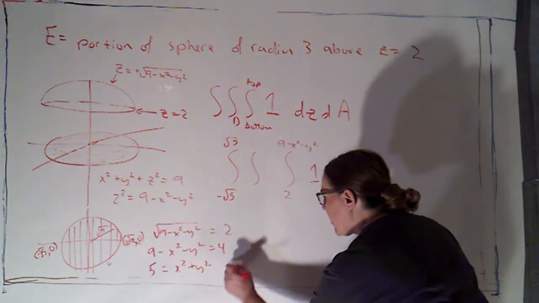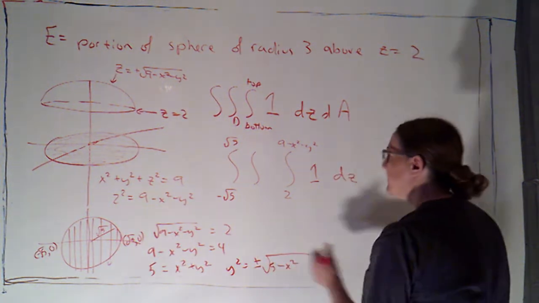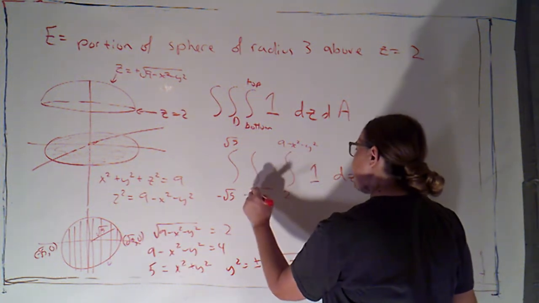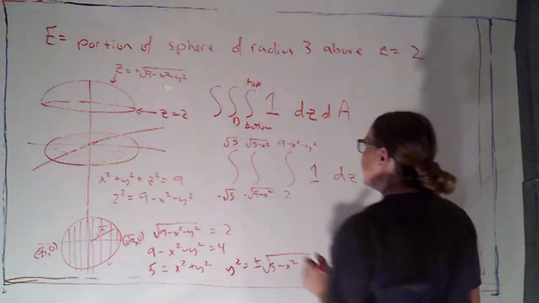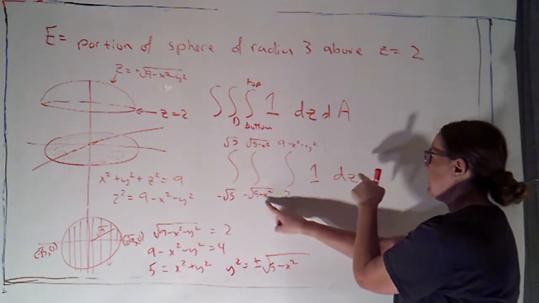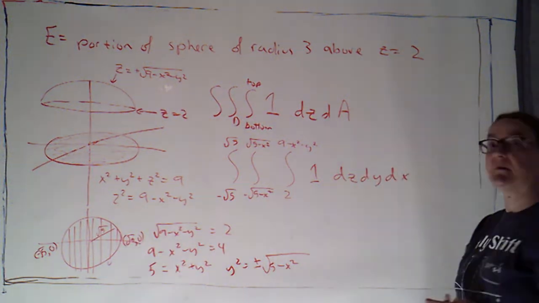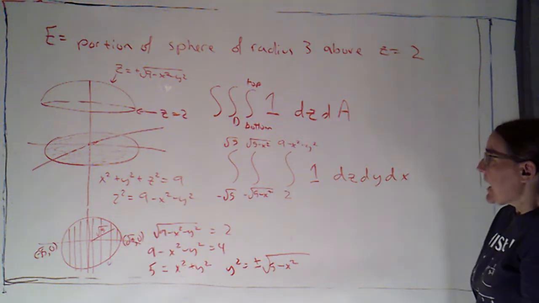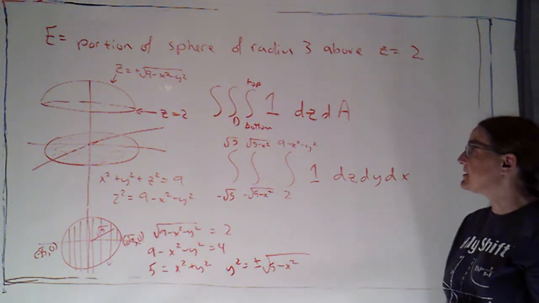If I solve for y, I'm going to get y is plus or minus root 5 minus x squared. So we'll go from negative root 5 minus x squared to positive root 5 minus x squared. These were our z's, these are our y's, and then dx was our last limit of integration.